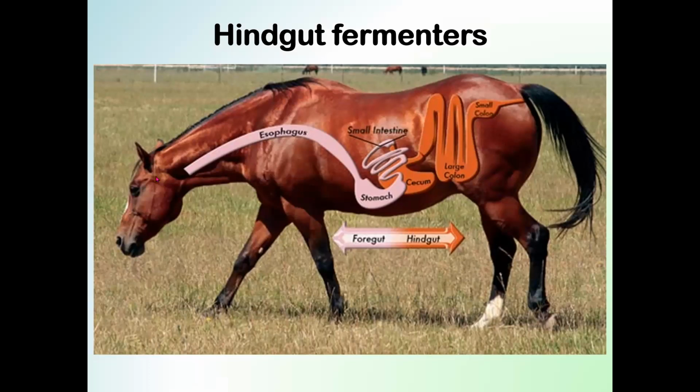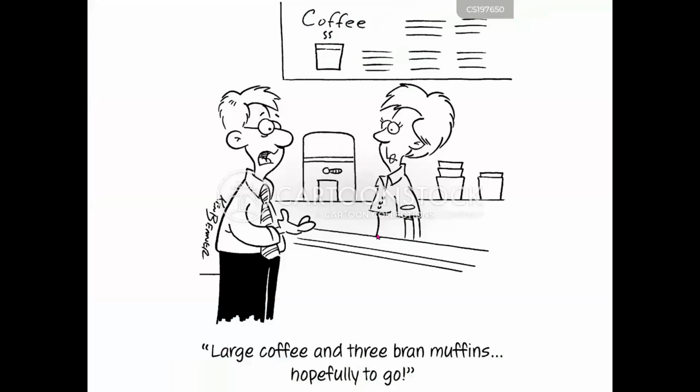So they have an esophagus, stomach way back here, small intestine, but the cecum is very large, and that's where most of the fiber, the cellulose, is digested, and then the rest is the same. That's called the hindgut. So you've got a foregut and a hindgut there, and we finish off.